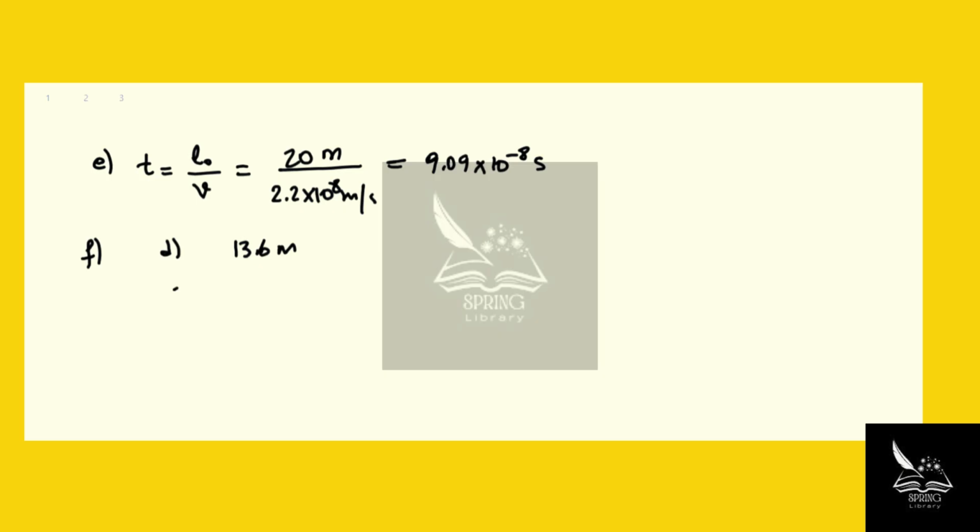All we need to do now, if we're going to calculate the time that the rabbit is actually keeping track of, is take the distance according to the rabbit divided by the speed of the rabbit. So it's going to be 13.6 meters divided by 2.2 times 10 to the power 8 meters per second, which is a little over 6 seconds.